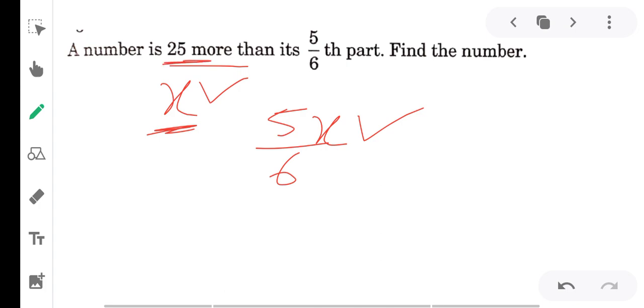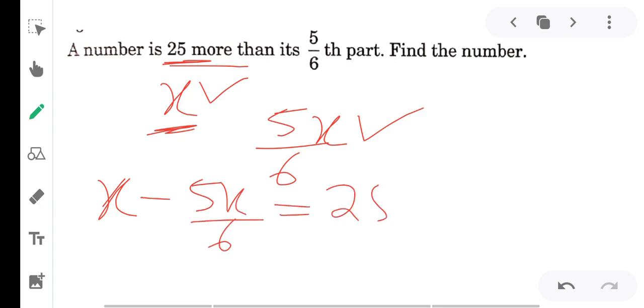So you can write x, which is the original number, minus 5x by 6 equal to 25, because the number x is 25 larger than its 5 by 6 part.